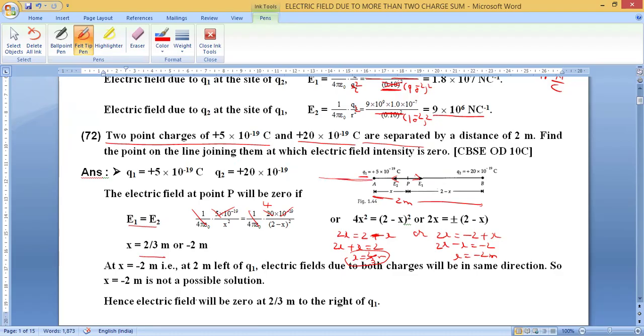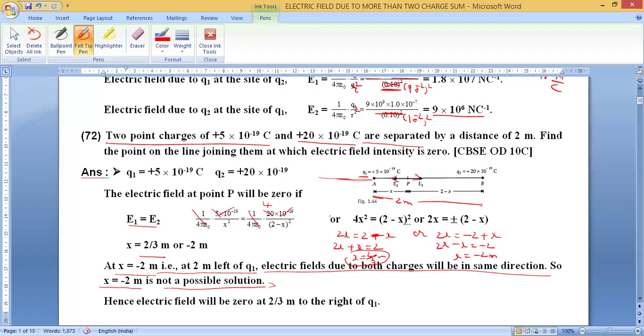So here we write x equal to minus 2 meter, that is at 2 meter left of Q1. Electric field due to both charges will be in the same direction. So x is equal to minus 2 meter is not possible solution.